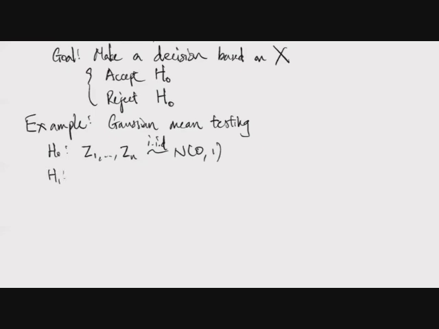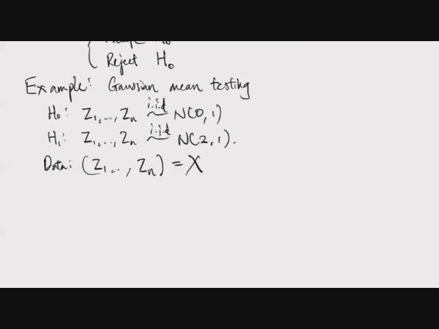Under the alternate hypothesis, the same Z1 to Zn are drawn i.i.d. from some other Gaussian, let's say with mean 2. Now, what's our data? Our data, of course, comprises these numbers Z1 to Zn. The entire vector of these numbers is our data X. And now our goal is to accept H0 or reject H0.